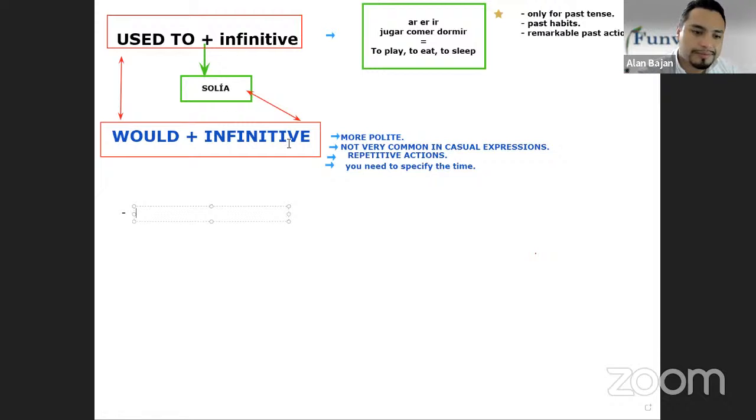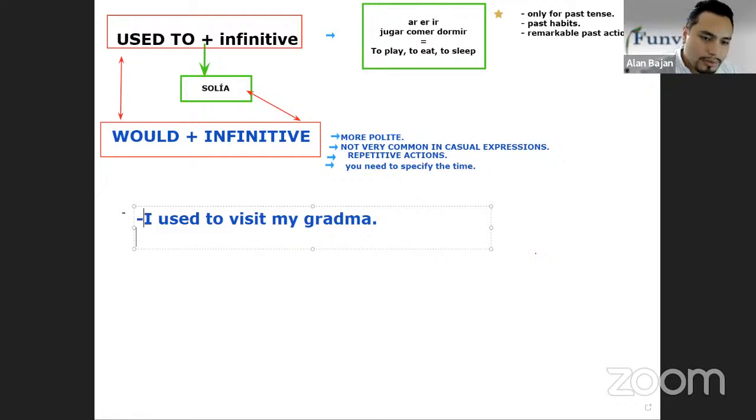For example, I used to visit my grandma. With used to, I can use it without a specification of time. But with would, I need to use the specification of time.